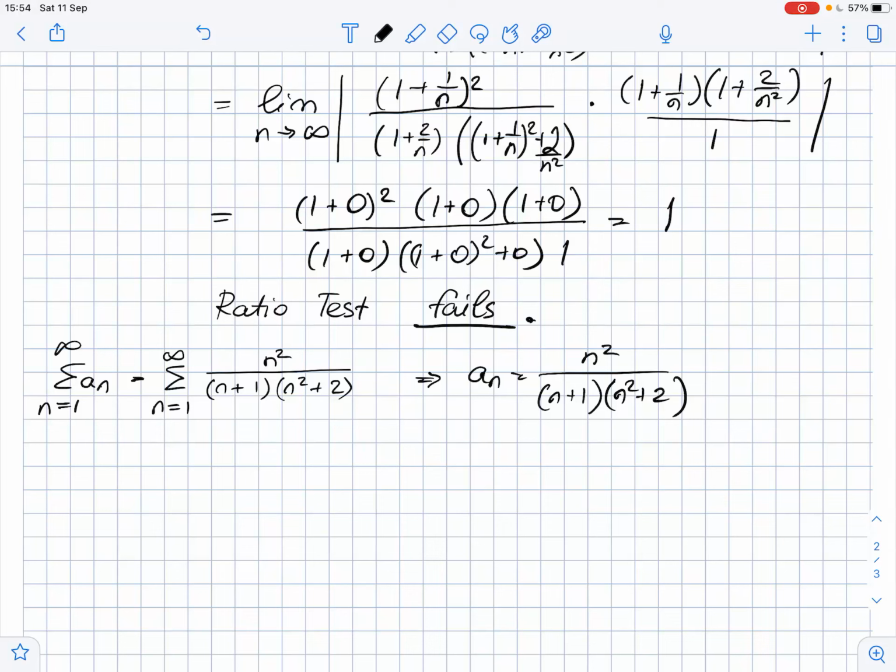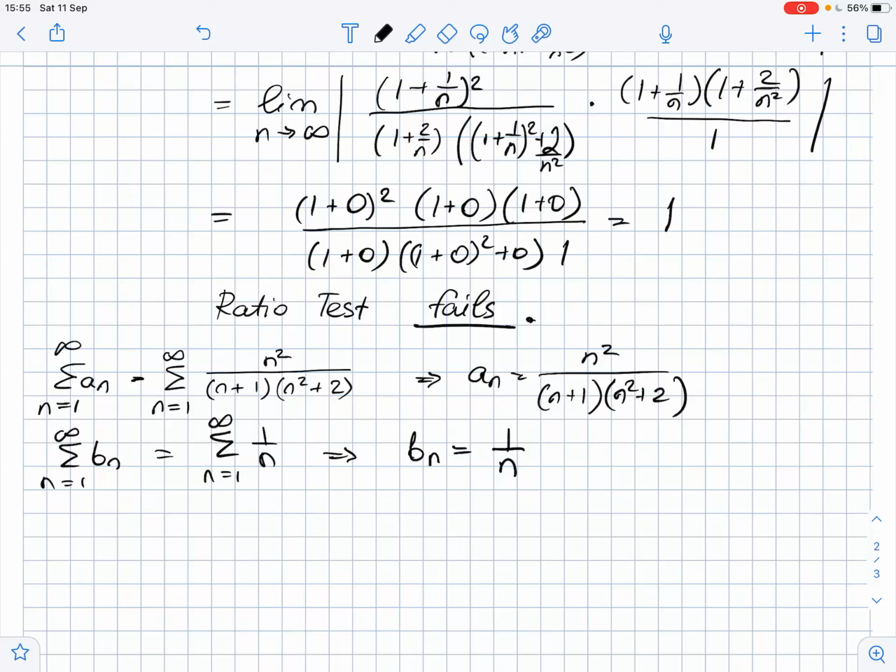Then series b_n equals the series of 1 over n, where n goes from 1 to infinity. So we get that b_n equals 1 over n.